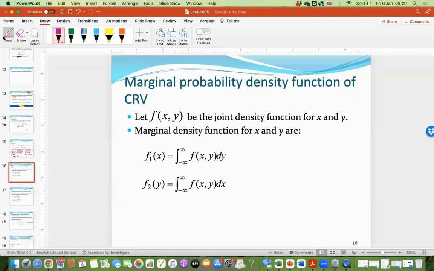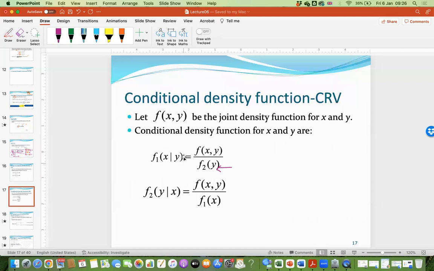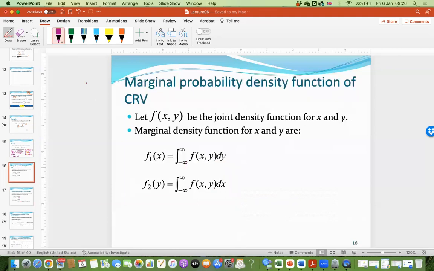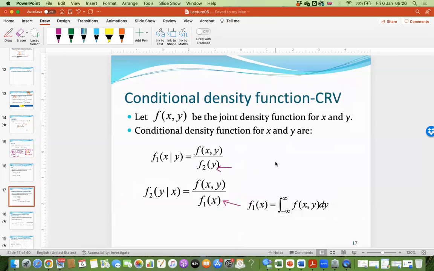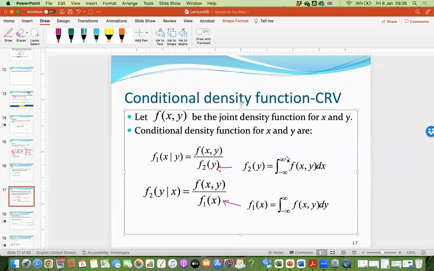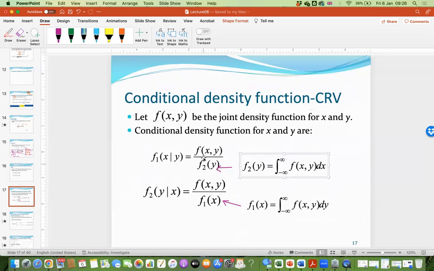So like I mentioned to you just now, for the first equation, I need the marginal probability of this part, and I need this for another part.